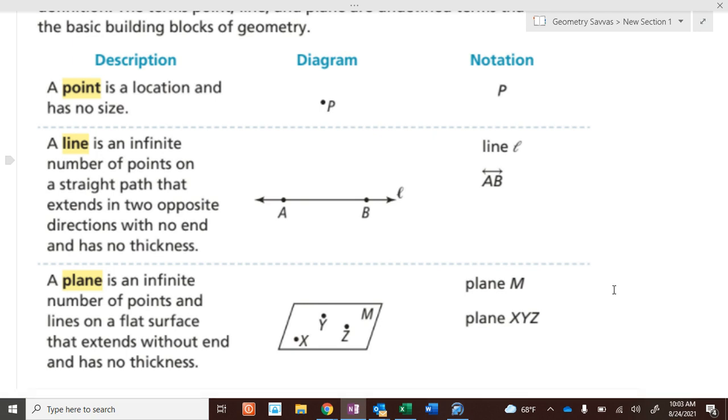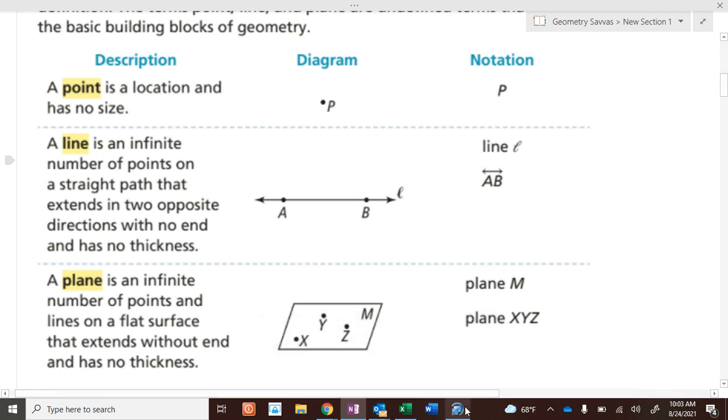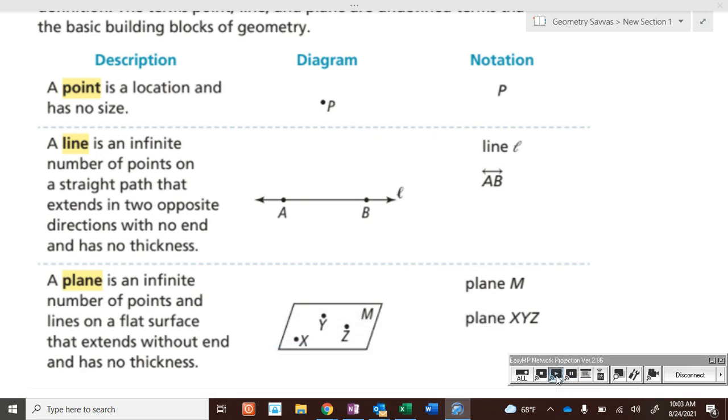All right, and a plane is an infinite number of points that lie on a flat surface that extends without end and has no thickness.